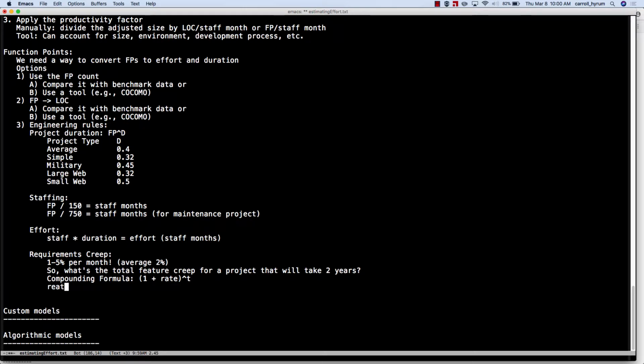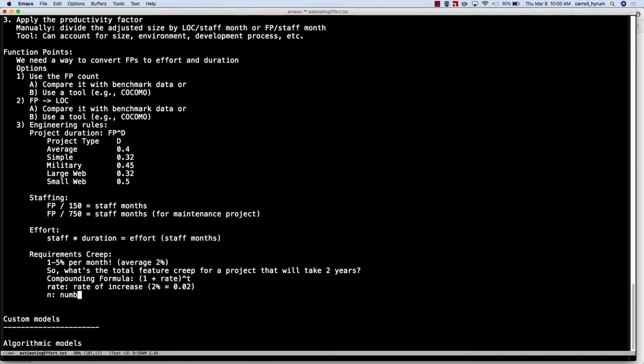Here, rate is the rate of increase, so this would be 2%, which equals 0.02. If you use 2, it'll be 200, and things get crazy quickly.